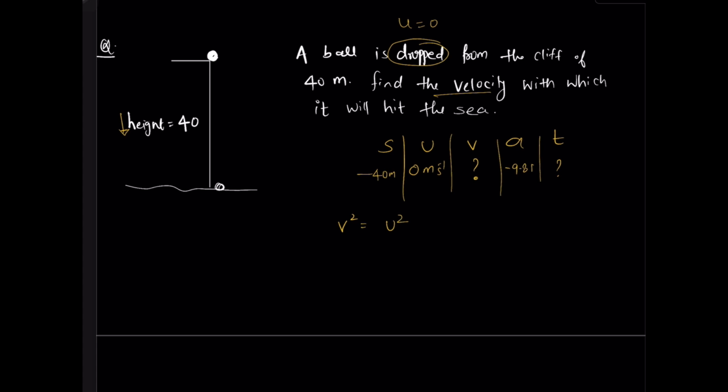So v squared is equal to u squared plus 2as. u is 0, so I put 0 squared plus 2, the acceleration is negative 9.81, into s, which is minus 40. We can solve this. So v is equal to 19.80 meters per second. It's the final velocity with which the ball will hit the sea.